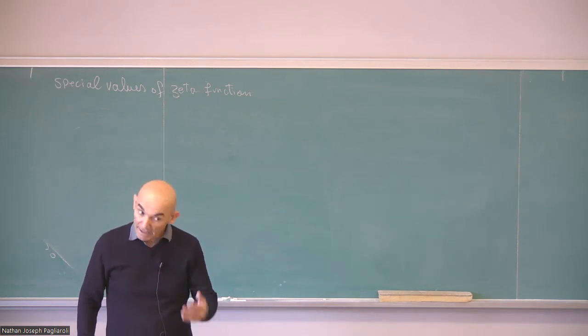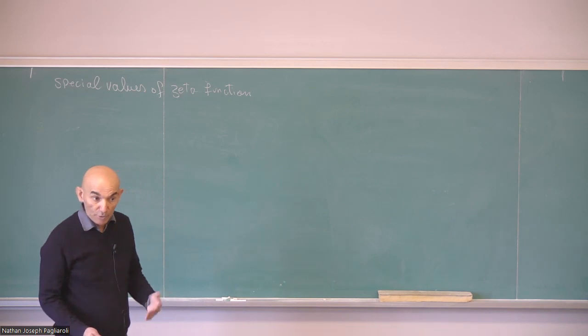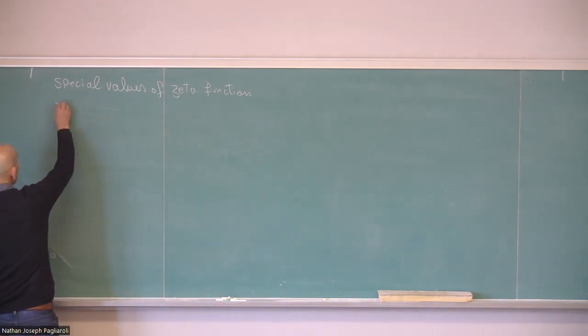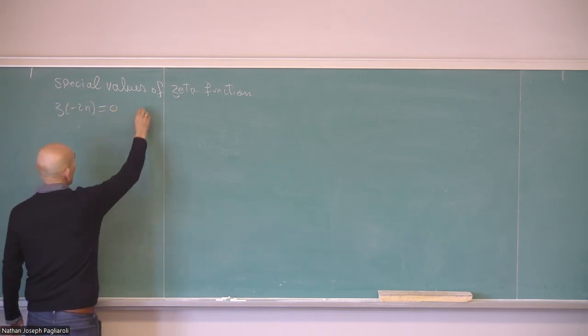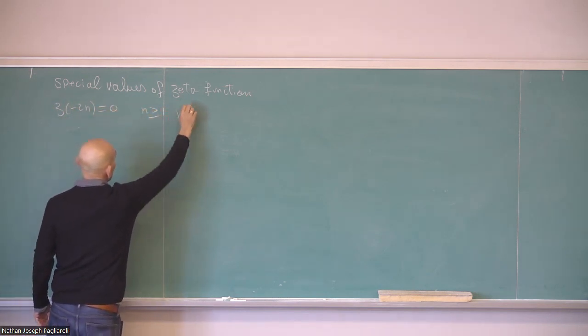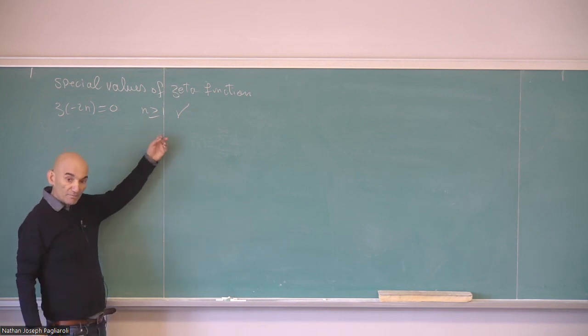Negative even, exactly, which are 0. This we already did: zeta of negative 2n is equal to 0 for n bigger than or equal to 1. Do you know how we proved it, by the way?